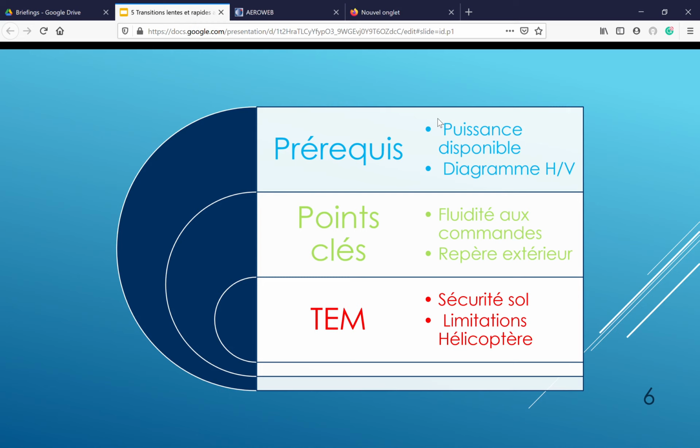So be sure that you are into the wind when you are performing a quick stop on the ground, and always check the wind direction and the wind speed. So these are the kinds of danger if you have not done your security check, or you haven't respected your limitations, you can be in danger. So avoid being in this kind of situation.